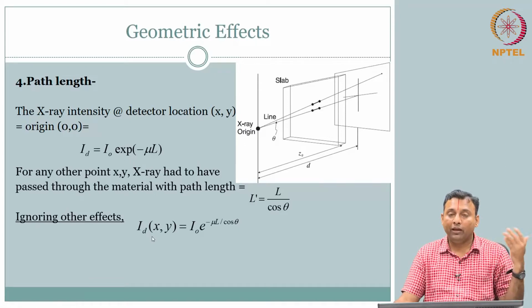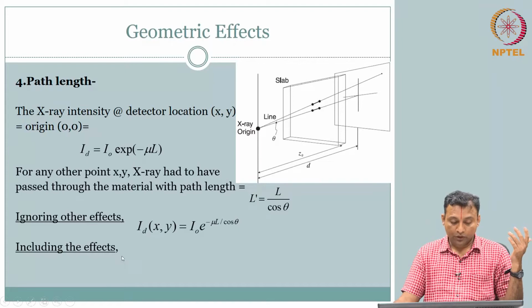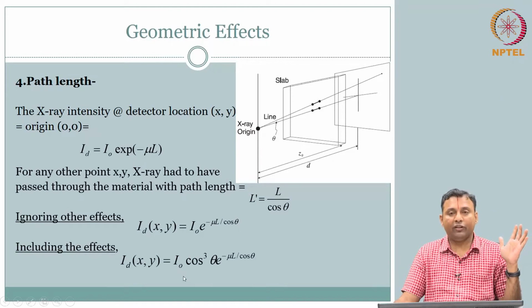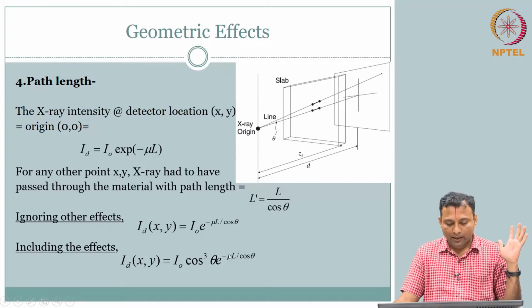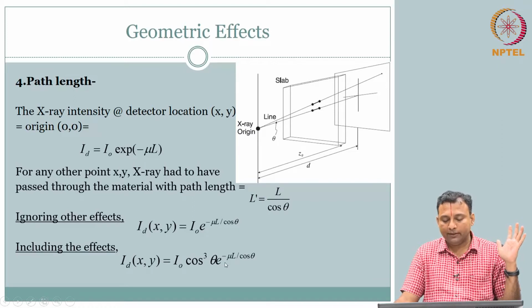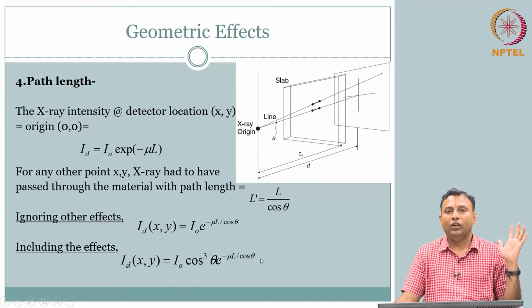It is going to be a multiplicative effect. The other effects were I naught cos cube theta. So, we have I_D as I naught cos cube theta, which is what we had before. Now, because you have a material, you have a material property, and the path length in that material is incorporated as this term, mu L by cos theta.